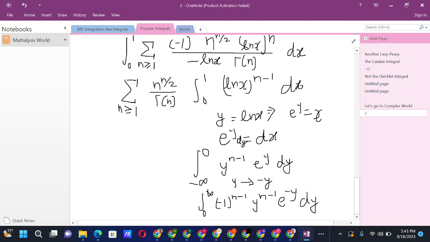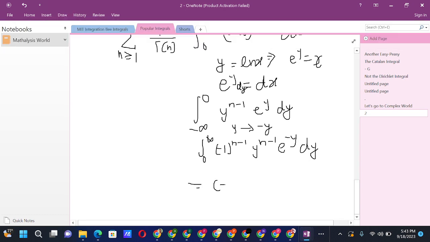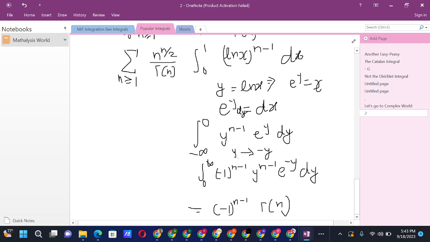So now this one is of course a well-known thing for us. It's just the gamma function for n. So it's just gamma of n over here, and that was quite familiar for us. Now we can place it back in the integral.